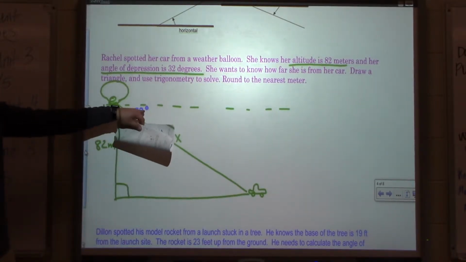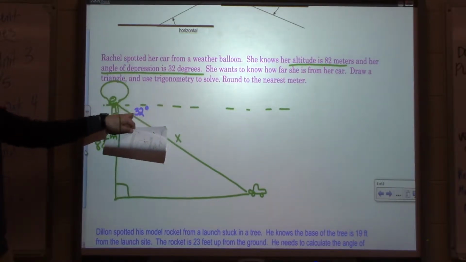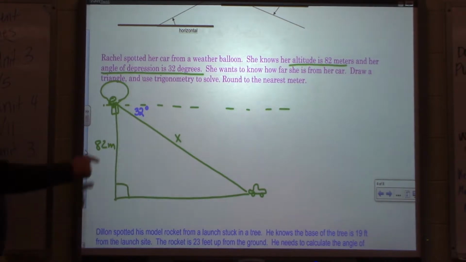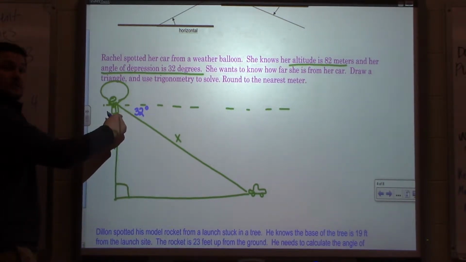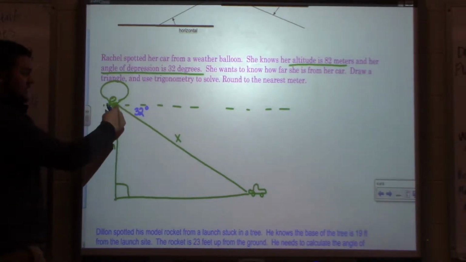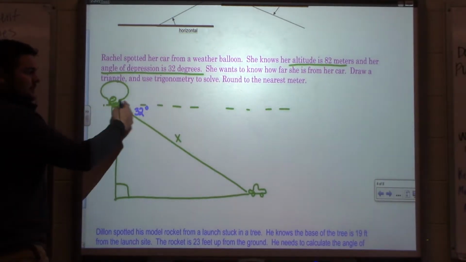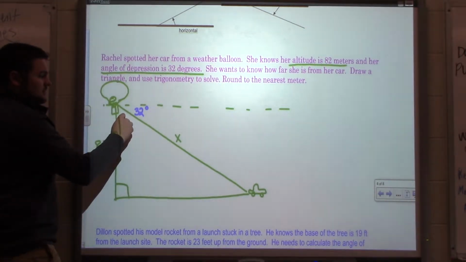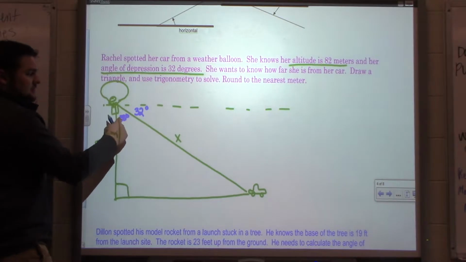Does that angle actually help me at all? It helps me find this angle, but it doesn't help me solve the problem, really, does it? What is this angle right here going to be? 90 minus 32, right? This is making a vertical line and a horizontal line, which means 90 minus 32, which is 58 degrees, what that angle is going to be.